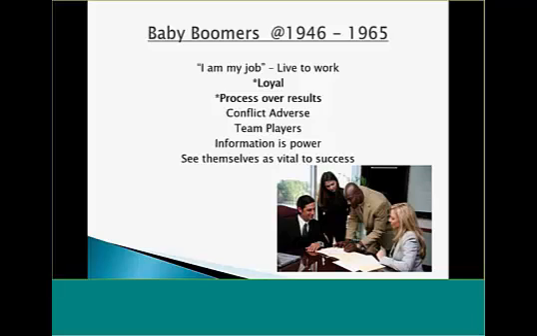The baby boomers, which were born in 46 to 65 approximately, a couple of things I want to pick out and point out because I think this is very pertinent to how we look at them with respect to developing their professionalism from the classroom to the workplace. Now, many of them really grew up believing in their job, and this is the group that very traditionally defined themselves by their profession or the work that they did and are doing.